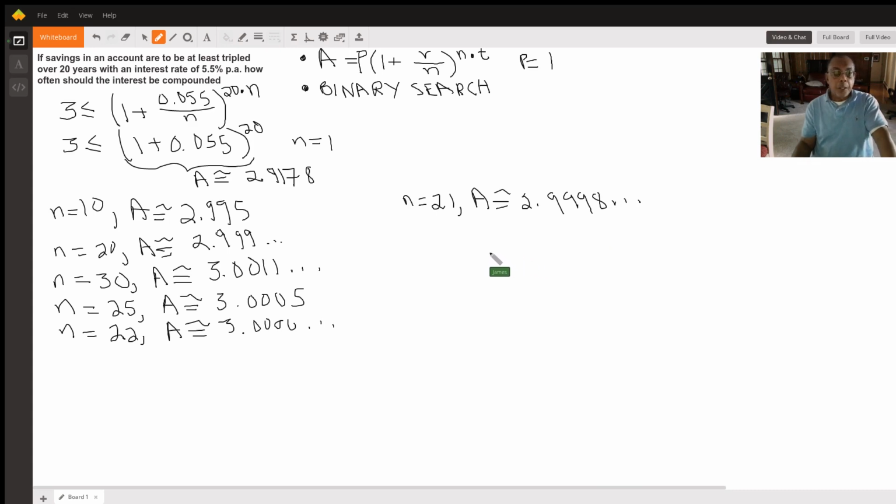So we know that n, if this was simply a mathematical problem, would be somewhere between 21 and 22. But since this is a real world problem, we want a number of intervals, which is an integral number. So our answer in this case, since this has to be greater than or equal to 3, the answer is 22.